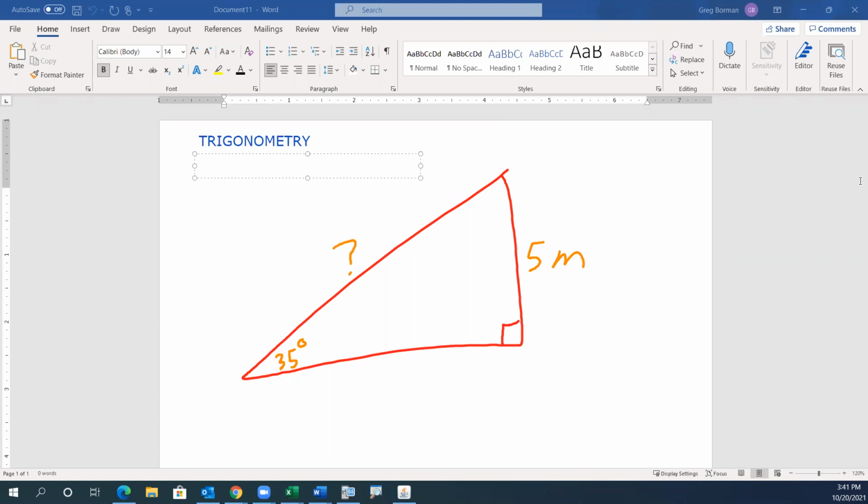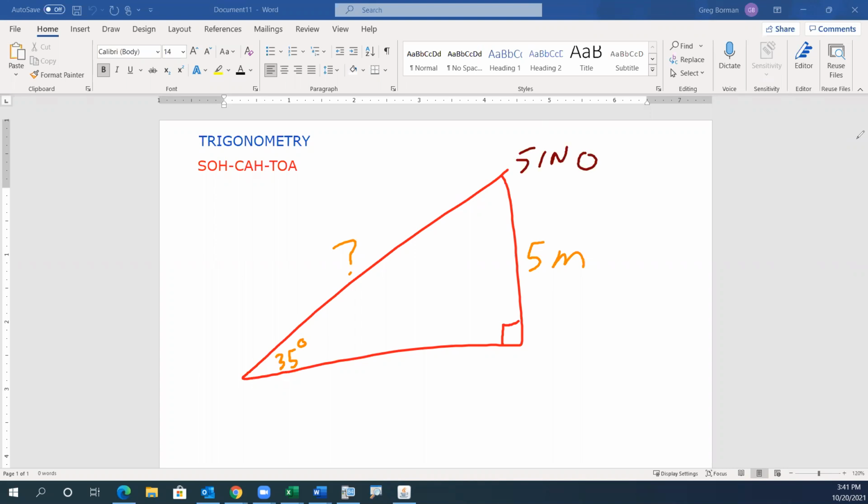Now, there's a mnemonic for it called SOHCAHTOA. That is just a mnemonic for helping you to remember the various formulas. So here's what they are.